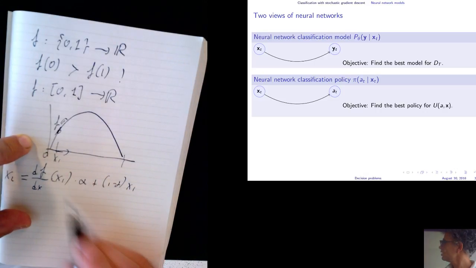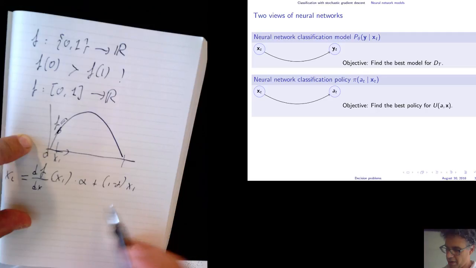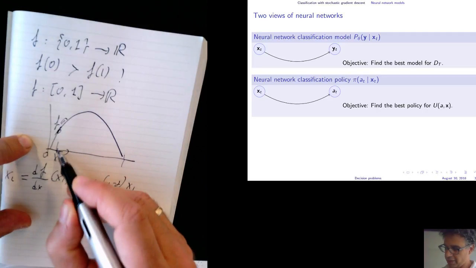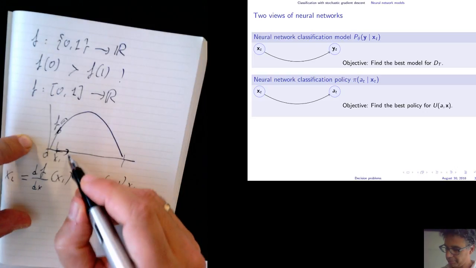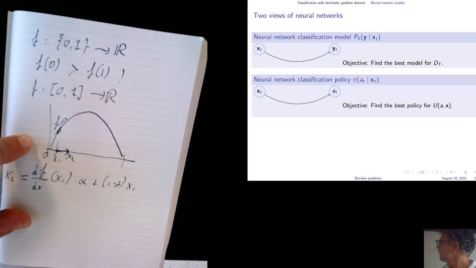This is just a linear combination of the two points, like a small vector moving to the right. That's the basic idea of gradients. So if you want to find a maximum, it's not very difficult. You just move in the direction of the gradient, and you hope that eventually you stop at the maximum.